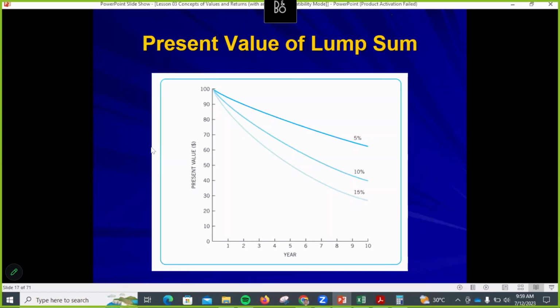Meaning that if you are having 100 rupees at the end of the 10th year, presently that value is equivalent to 65 rupees.